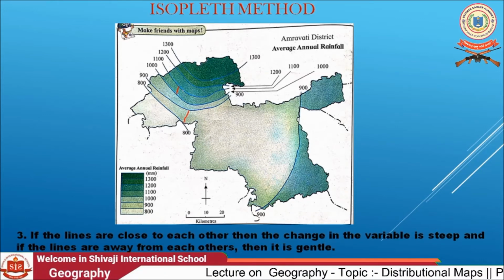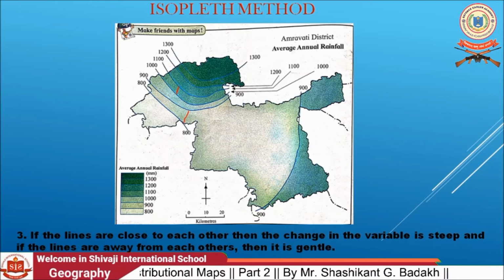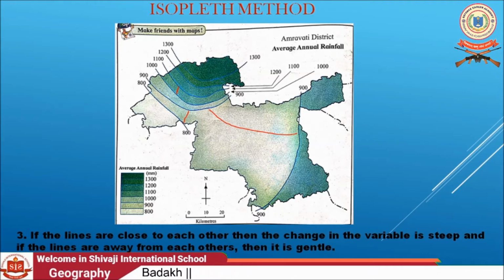Where the distance is less, the change in the variable is steep, and where the difference between the two lines is more, it's gentle. Here also you can see the distance between two lines, so the change in the variable is gentle.